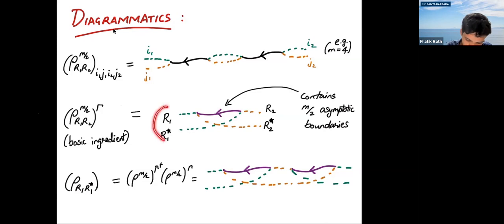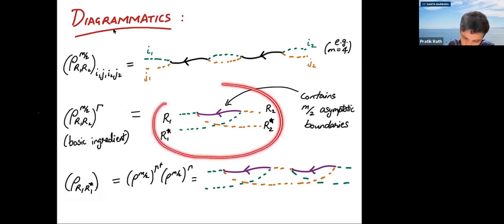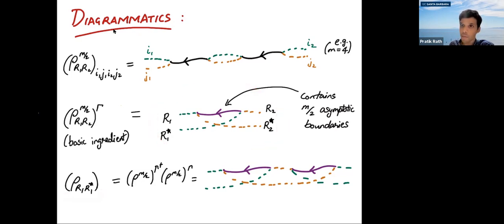Now, if we take this and its conjugate, so the conjugate would be the same but with the orange and green flipped, then when we multiply these together, we get one copy of rho R1 star. How do we see that? Well, you could think of this as the state rho to the m over 2, and then we want to trace out R2 and R2 star.